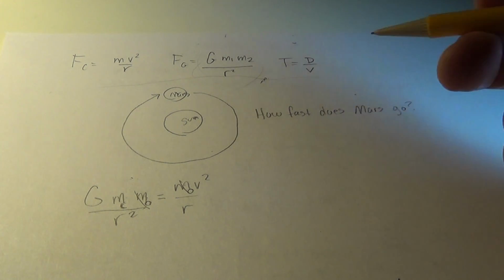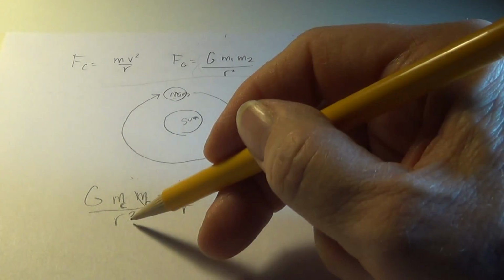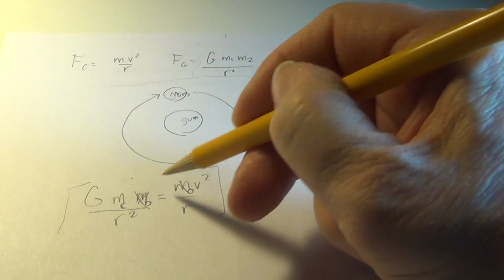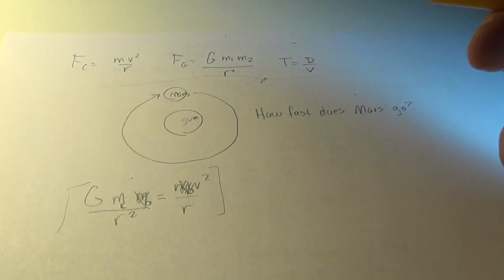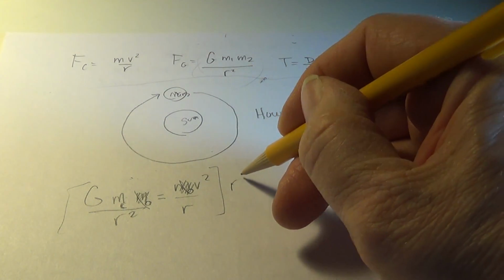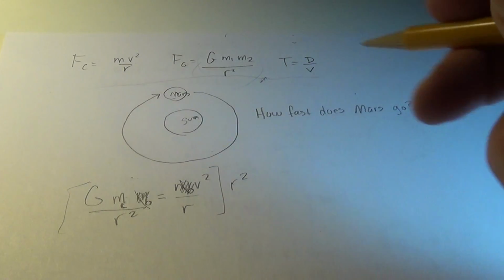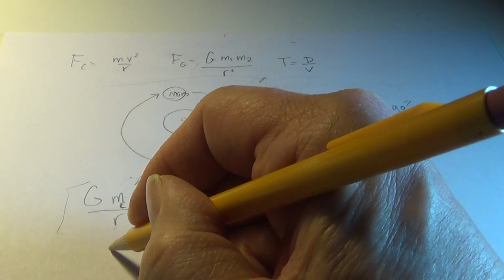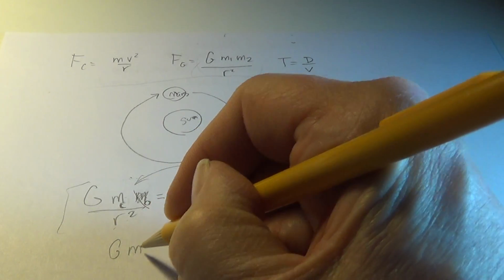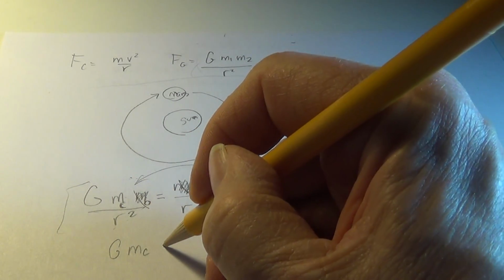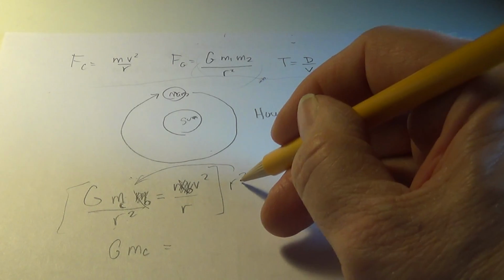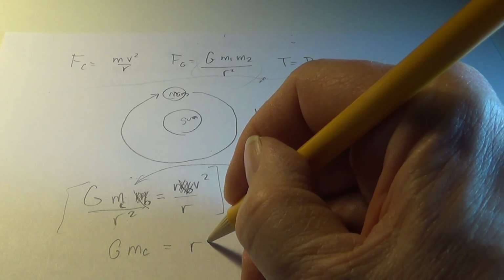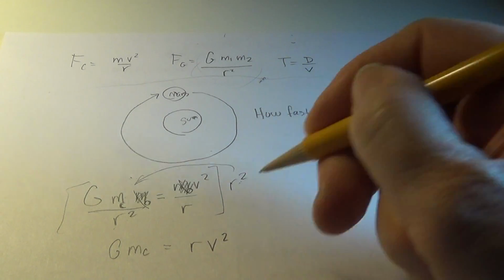Now I'm going to multiply both sides of the equation by r squared. When I do that over here, the r squares cancel. It leaves me G and the mass in the center equals, and over here one of these r's will cancel one of these r's, but there'll be an r in the numerator now, and v squared.